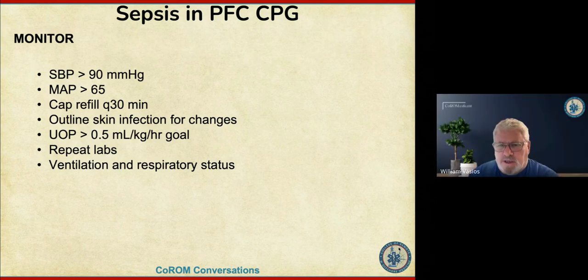No, it's a great question. The Epoch is liked by a lot of people a lot better for the reasons that you stated than the iStat. I think when they wrote this CPG in 20, or at least, I've got some edits back from 20 on this, the Epoch really wasn't on the radar. I don't even know. It might have been out there, but it wasn't on people's radar as it is now. So it's just a general point of care lab tool.